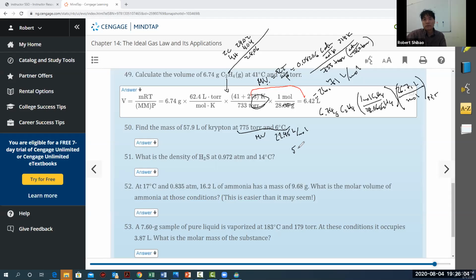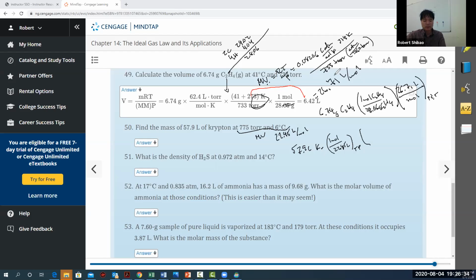And so we go 57.9 liters of krypton gas. And then we know 1 mole of any gas occupies 22.45 liters under these temperature and pressure conditions. And then what is the molar mass of krypton? Let's see, you could ask Siri for that maybe.